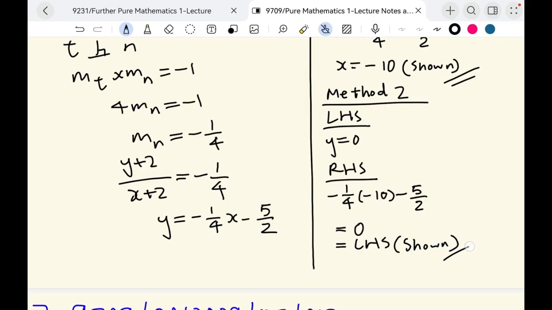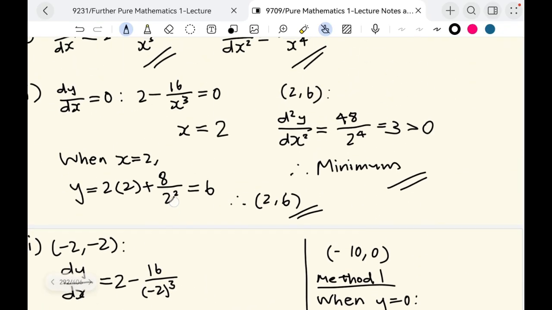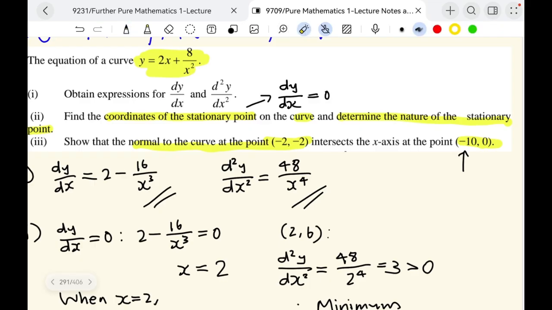Okay, so until this point, you can say that negative 10, 0 is the point of intersection with the x-axis for the normal line, which is the line normal to the curve at the point negative 2, negative 2.